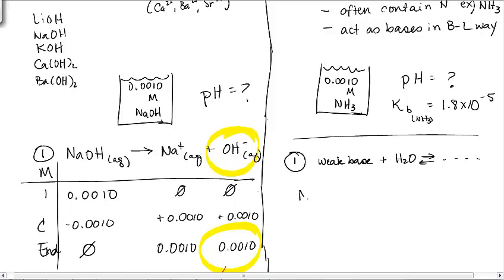So here's the example. We're using ammonia, so I'm going to take ammonia, and I'm going to react it with water to write my equation. If ammonia is acting as a Bronsted-Lowry base, it accepts a hydrogen ion. Where is it going to get the hydrogen ion from?